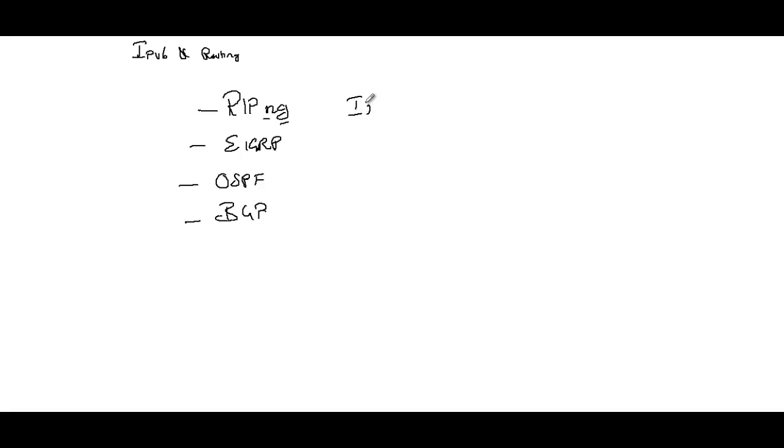EIGRP, we call it IPv6 EIGRP. IPv6 OSPF. And BGP is the IPv6 version of BGP. There is no special version actually.